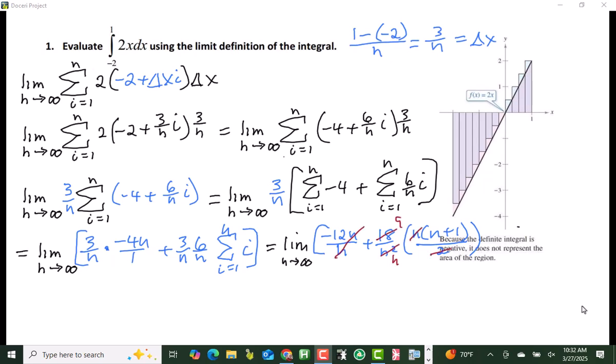I start canceling stuff. And so I'm seeing on the left-hand term, -12, and on the right-hand term, 9 times n plus 1 over n. So I'll write that down. And this is starting to look like the last problem here. You could stop right there and say, I know what that limit's going to be.